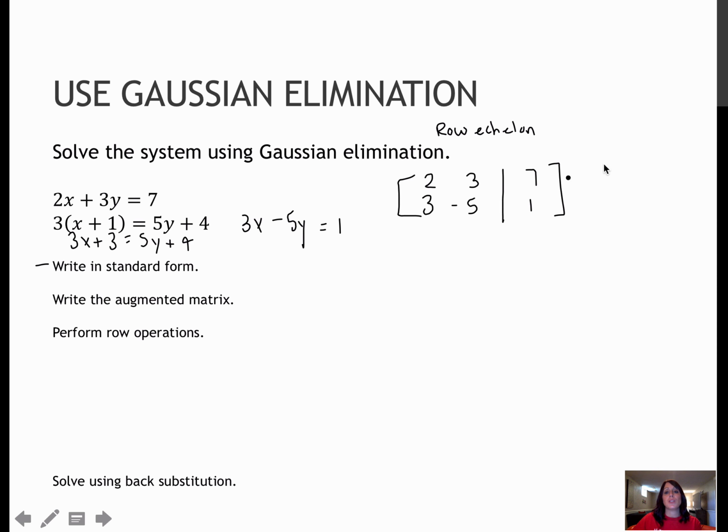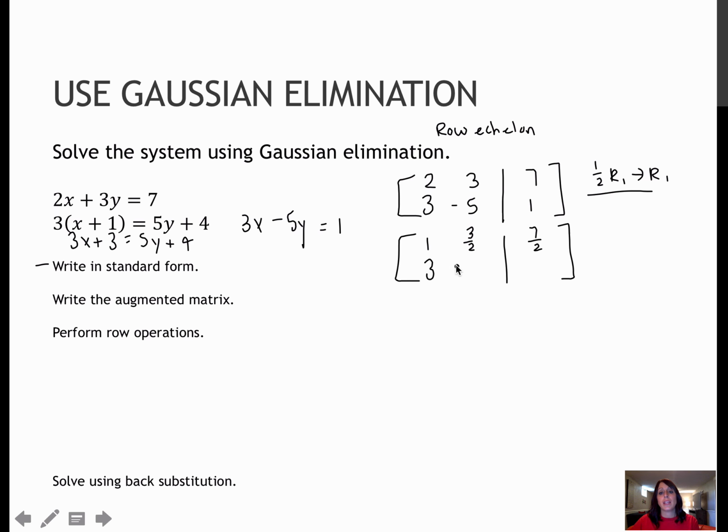The first thing I might do is to take half of row 1 and make that my new row 1. Why would I do that? Because that would turn this into a 1. That gives me half of 2, which is 1, half of 3, which we'll write as 3 halves, half of 7, which we'll write as 7 halves.